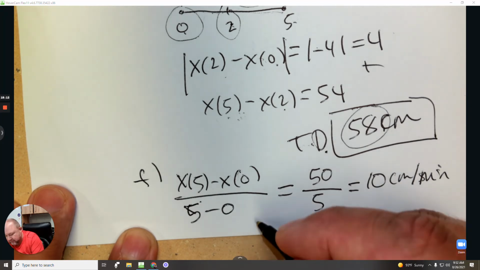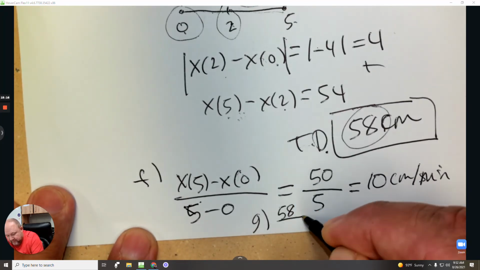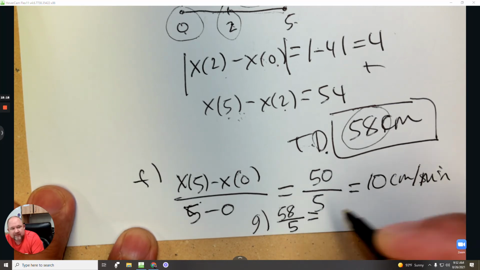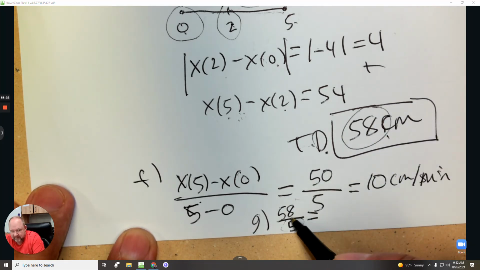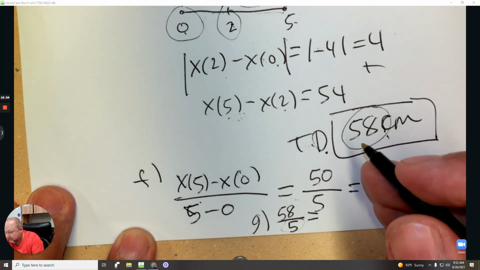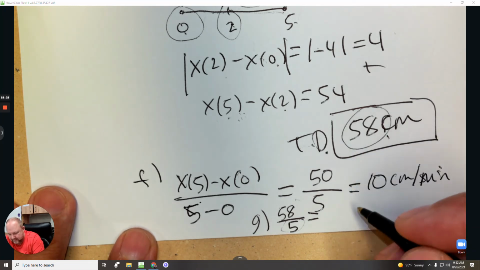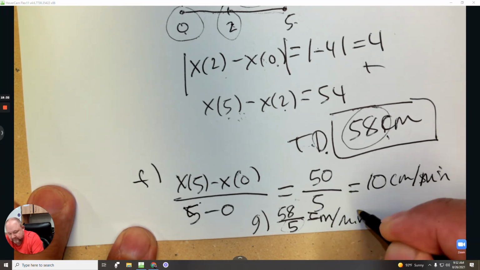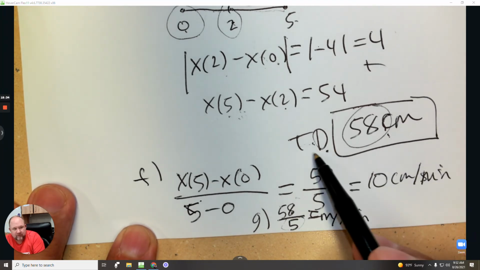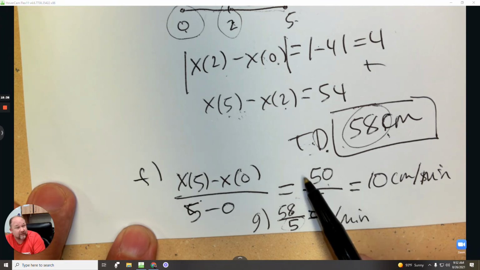So the numerator would use the total distance and then would have the same denominator and then divide it out. So the average speed then would be 58 divided by 5. You don't even need to simplify that down. But notice for speed we use total distance, and for average velocity we use displacement.